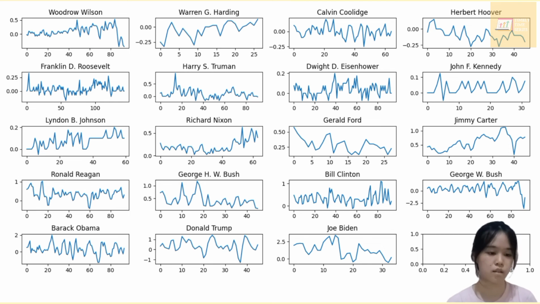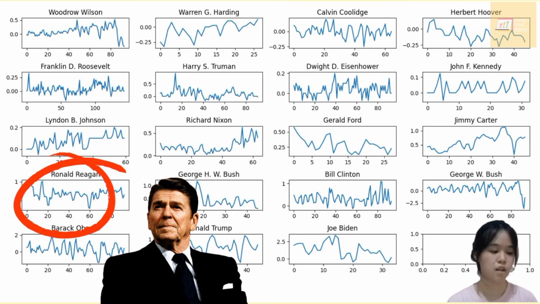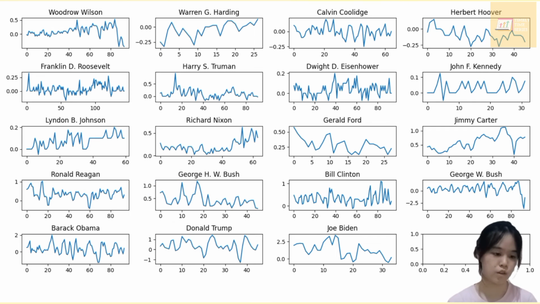These are the derivative of the CPI fluctuation from each presidency. So, for example, Ronald Reagan here. This is the derivative of the CPI during Ronald Reagan's presidency. And as you can see from the x-axis, the x-ticks, they don't have the same length.